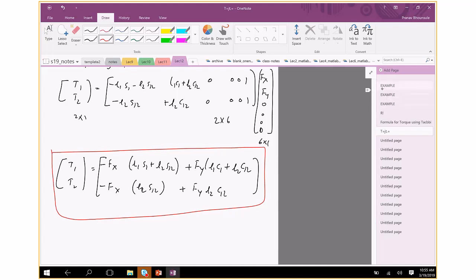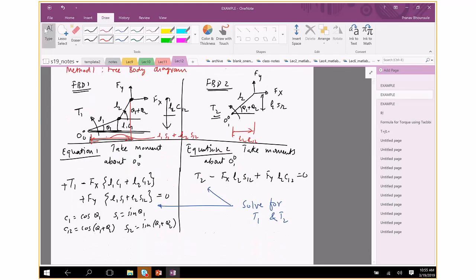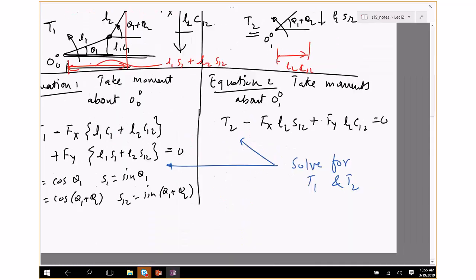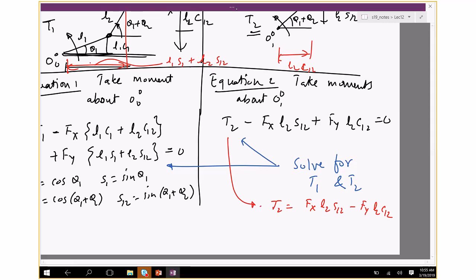Let's see. This is the problem we solved. So let's check this one. Okay, torque 2 equals Fx L2 S12 minus Fy L2 C12. I think there's a switch in the sign.